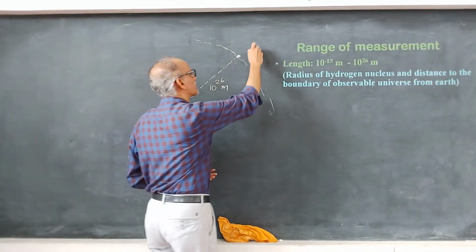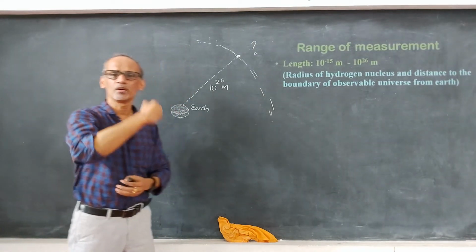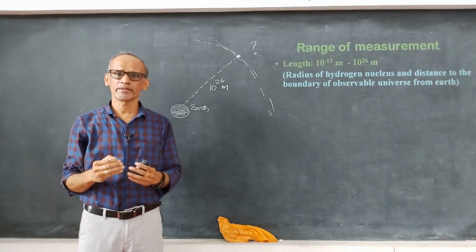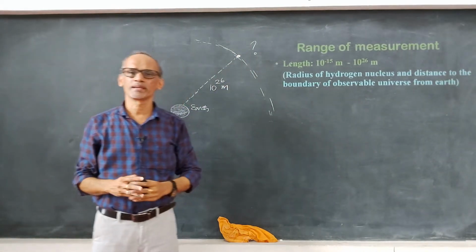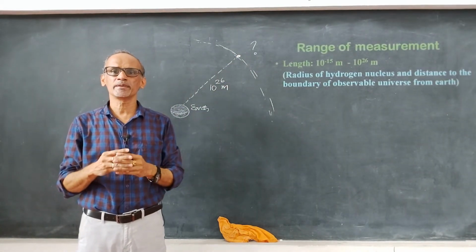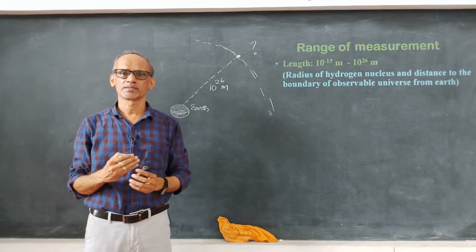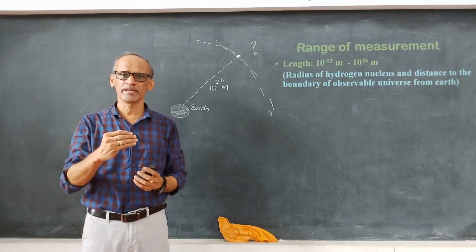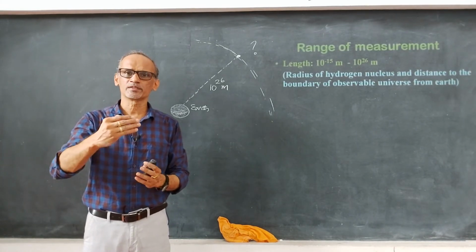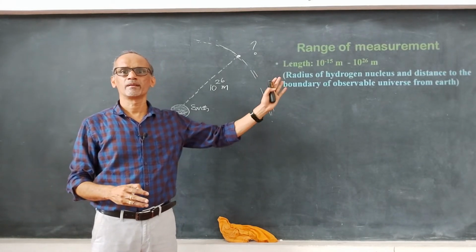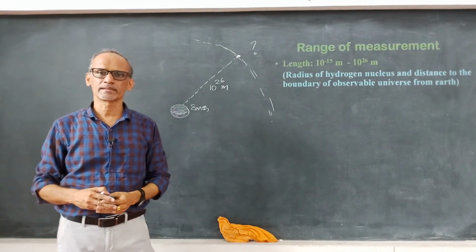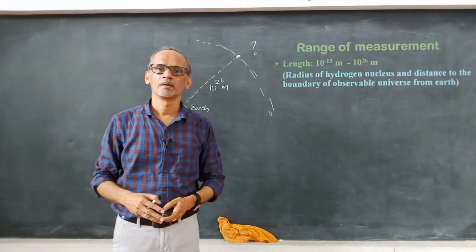That doesn't mean that there is nothing beyond that. We are yet to find the matter which is present beyond that. So, the universe which we have discovered so far is called the observable universe, and the corresponding distance is 10 power 26 meters.